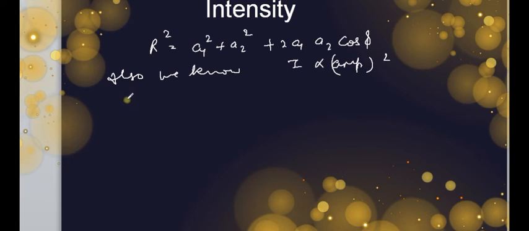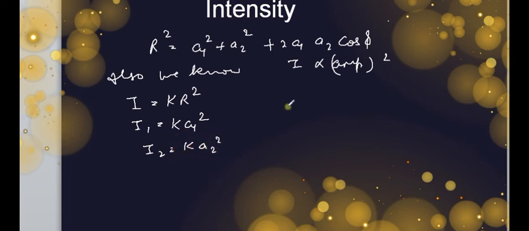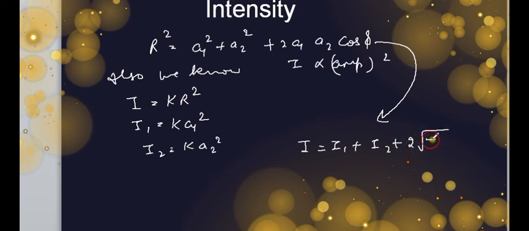So here you can write I is equal to kr square, I1 as ka1 square and I2 as ka2 square. Here k is the proportionality constant. So this expression will be reduced to I equal to I1 plus I2 plus 2 square root of I1 I2 cos phi.